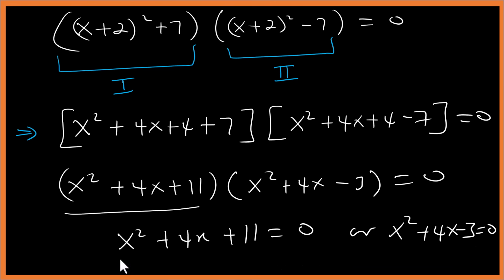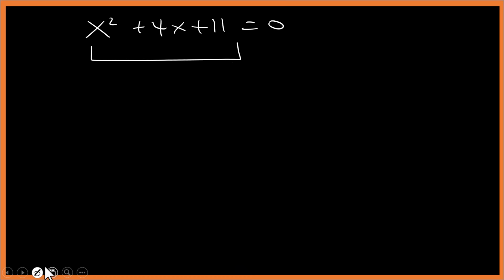Alright, so let's look for the solution for I. That is x squared plus 4x plus 11 equal to 0. Let's compare this one with the general quadratic equation ax squared plus bx plus c.